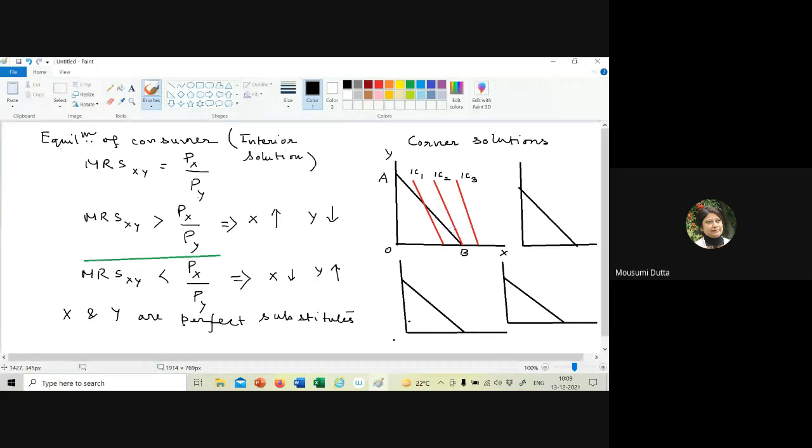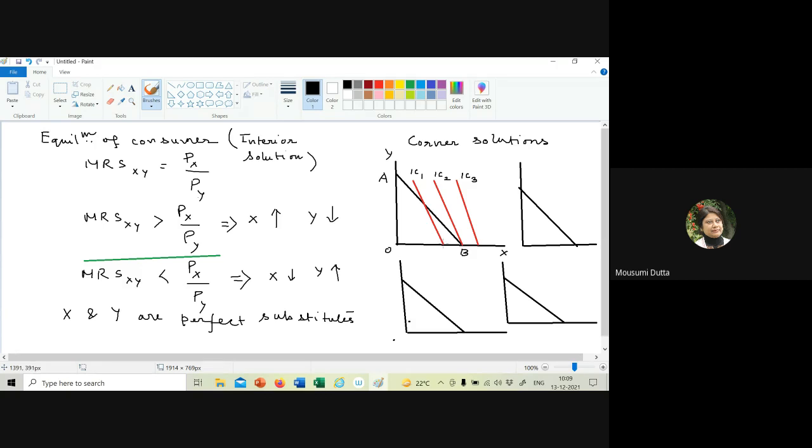So all along the budget line AB, we are finding that ICs are steeper. Whatever IC you are considering, the budget line is flatter than the slope of the indifference curve.